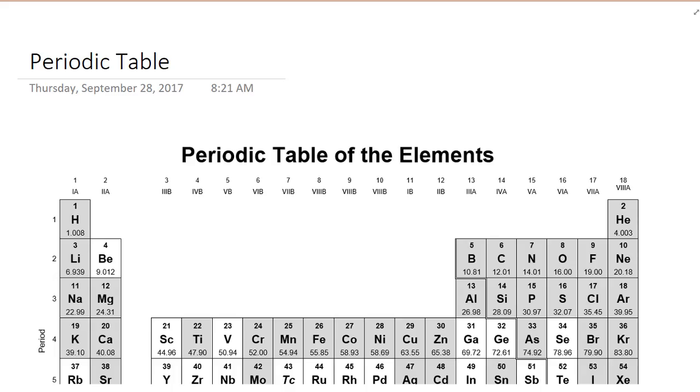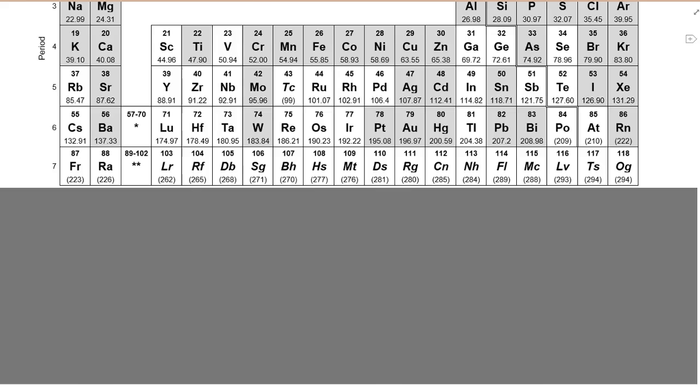So let's go ahead and figure out what the charge is on the magnesium. Magnesium would be Mg with the charge of 2 plus. Oxygen is O with the charge of 2 negative.